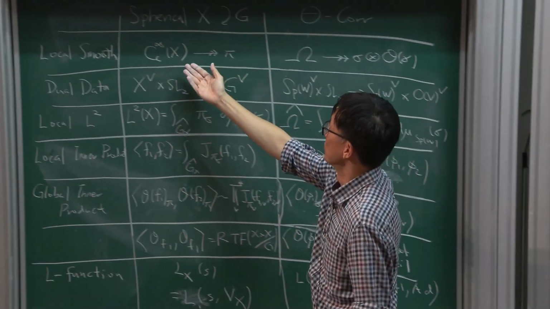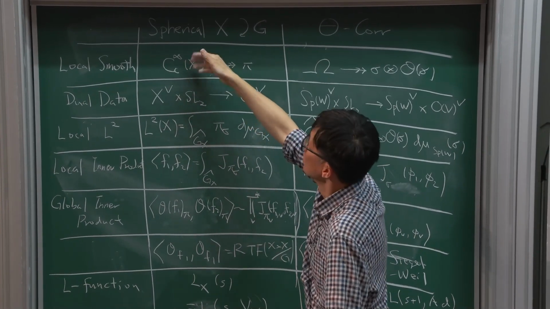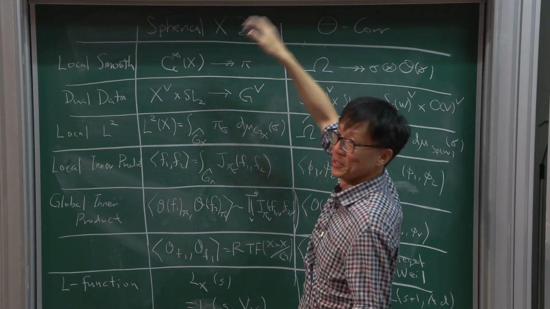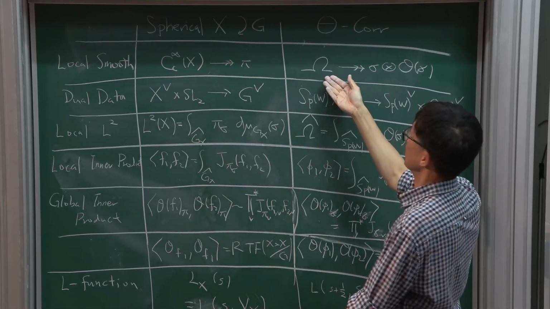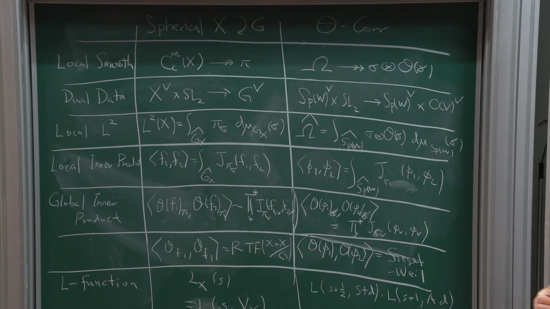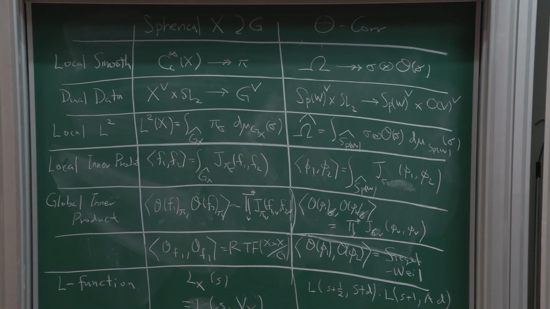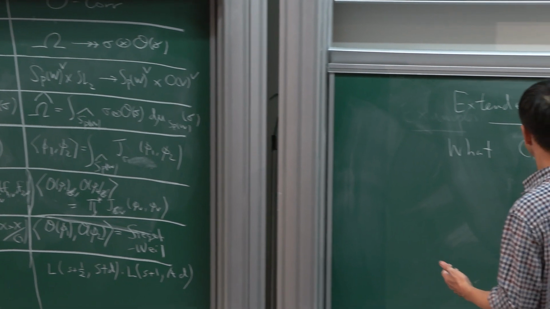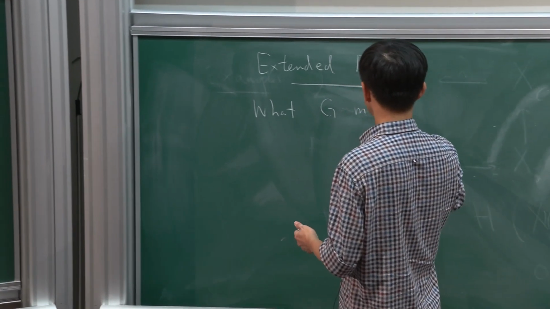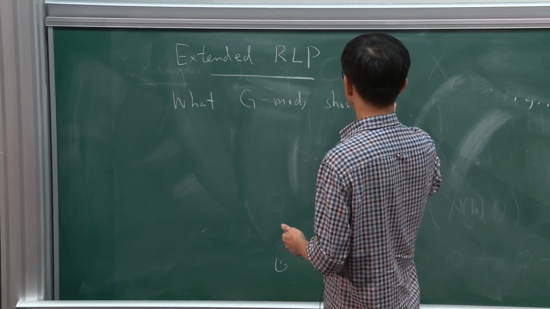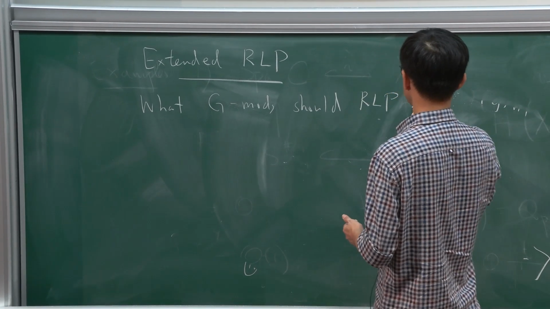If you take this point of view, these are some G-varieties, some G-modules. Let's say you think of them as G-modules that occur in nature. So the question was, what G-modules should the relative Langlands program be concerned with?